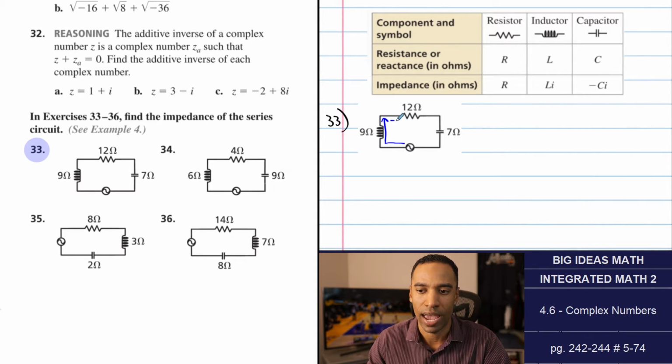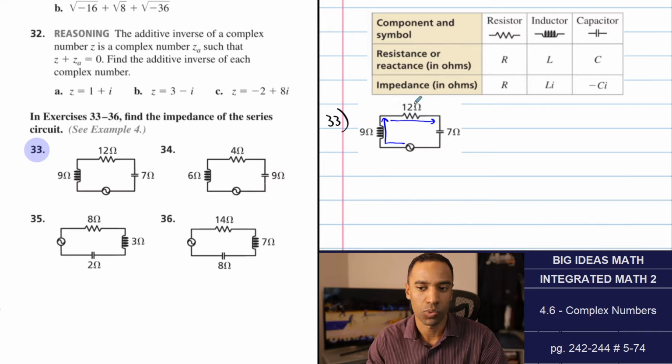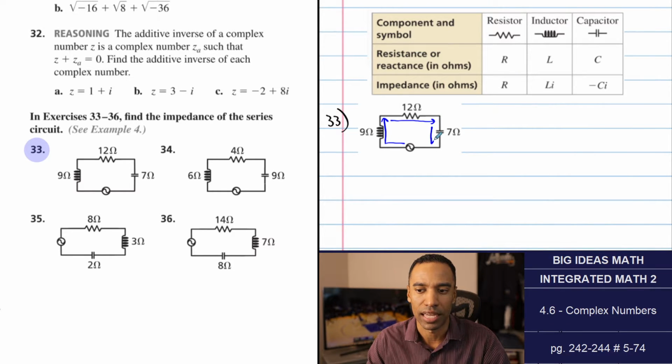Then this goes to the right, and right is positive, like positive x, on a real number line. This is a real portion, the resistor. Then we go downward, think negative, and perpendicular to real, you think imaginary. And then this closes the loop going over there.